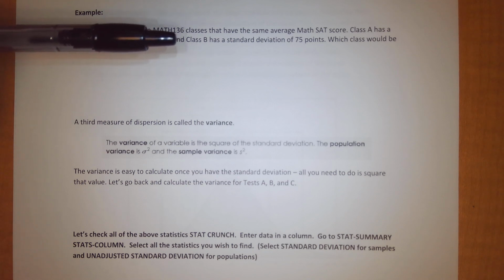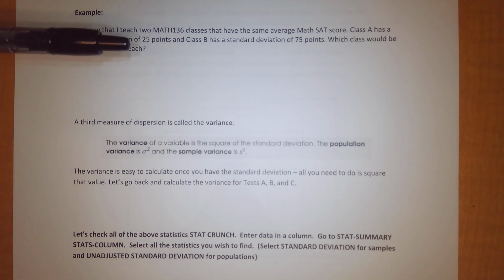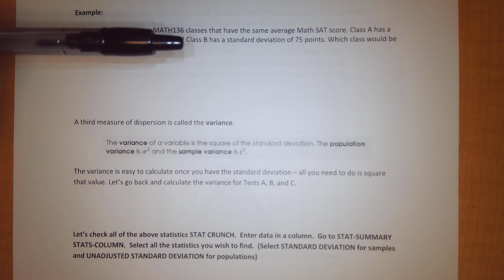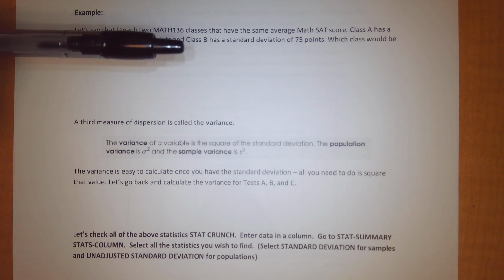Class B, however, has a standard deviation of 75. So even though they might have the same average IQ or test score, they have a larger deviation, which means they're going to have more students that are possibly not up to the average, and also on the other side, more students that are higher or above the average.